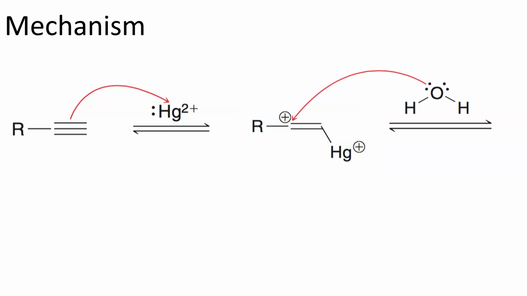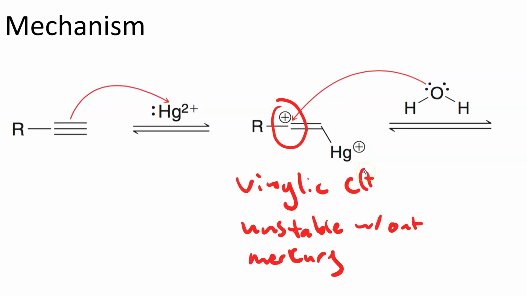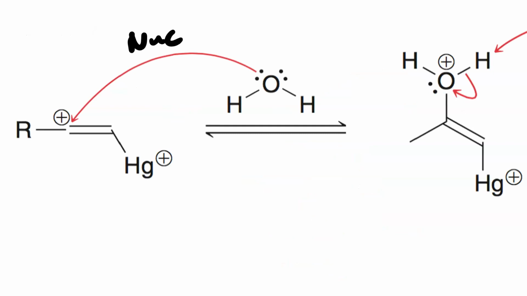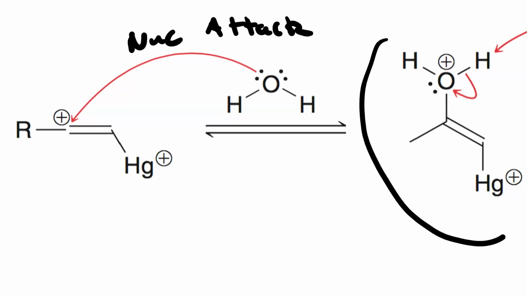Water can then do nucleophilic attack at the vinylic cation. Again, this vinylic carbocation cannot form without the mercury being present. So, once the water does nucleophilic attack at the vinylic cation, we end up with this protonated alcohol.